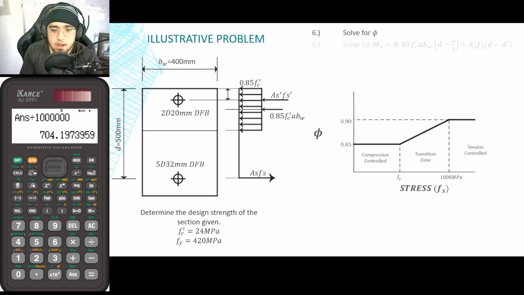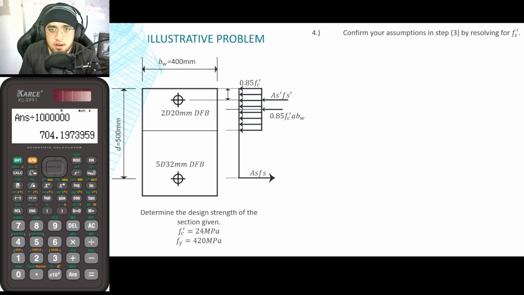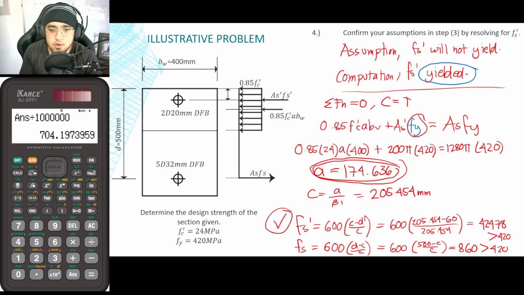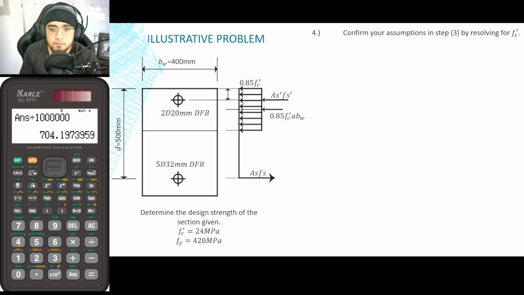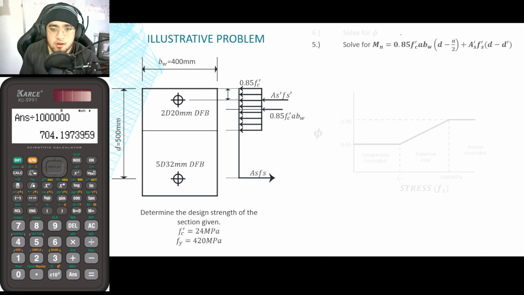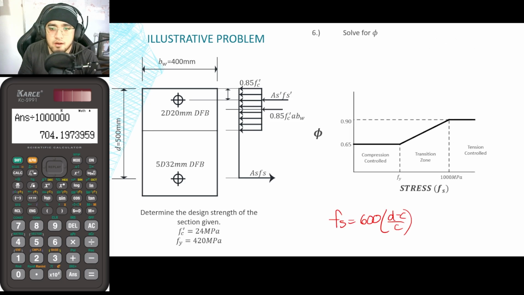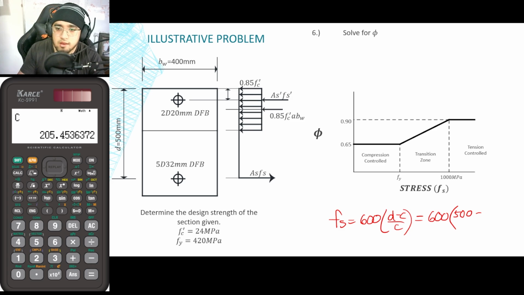We already solved for it earlier when we were still confirming. So Fs is now equal to 860 something. For the value of c, it was already stored in my calculator. So solving for Fs here, Fs once again is equal to 600 times (d minus c). d is equal to 500. c is equal to, it is actually stored in my calculator as 205.